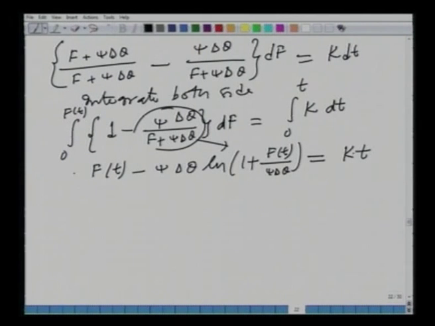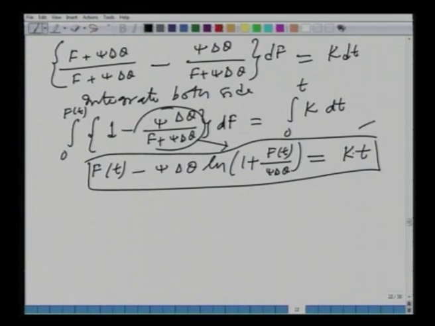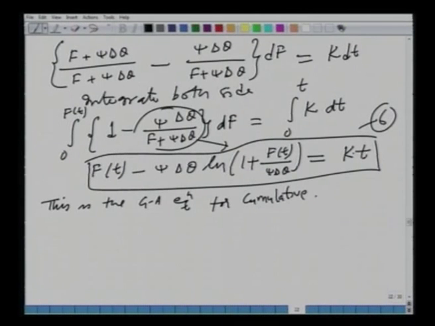Okay. So, this is your, let us say, equation number 6, and this is your Green-Ampt equation for cumulative infiltration.